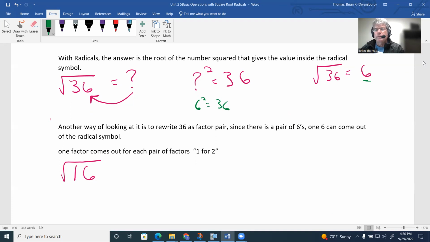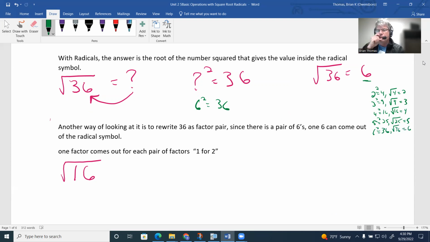One way to do square roots is just understanding what squared gives me that. If you understand that 2 squared is equal to 4, then you should understand that the square root of 4 is going to get me to 2. 3 squared is equal to 9, so the square root of 9 is going to get me back to the 3. 4 squared is equal to 16, so the square root of 16 takes me back to the 4. 5 squared would be 25, so the square root of 25 takes me back to the 5. 6 squared would be 36, and if I go backwards, the square root of 36 takes me back to the 6.